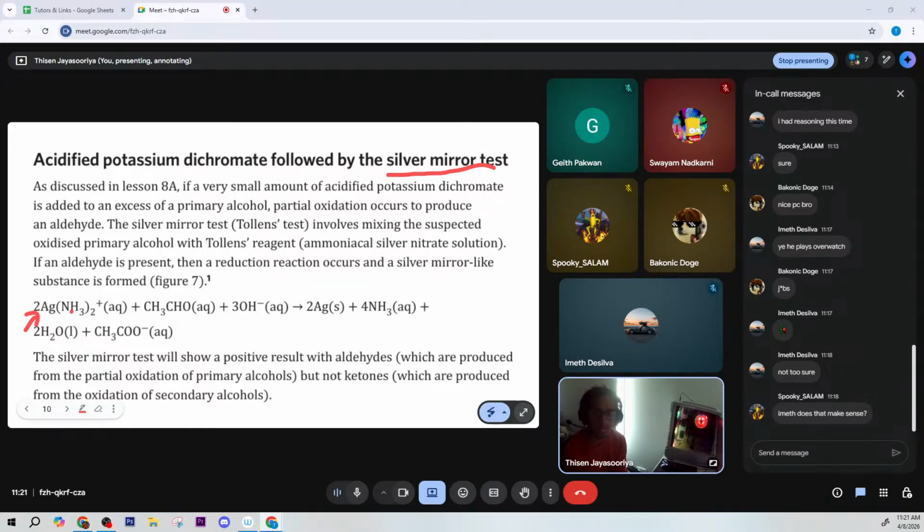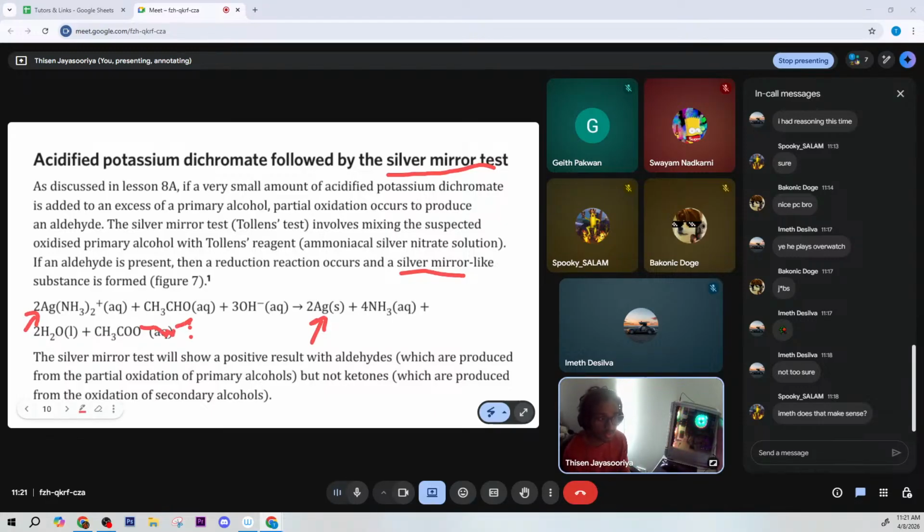If there's an aldehyde present, it undergoes this oxidation reaction, and we'll see a silver mirror-like substance forming. Essentially, silver is being formed here. That's what it means when it says the silver-like substance.